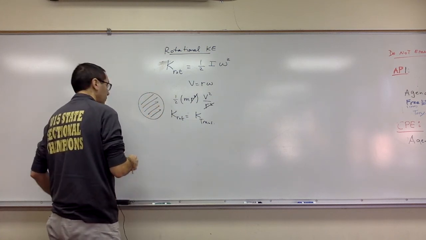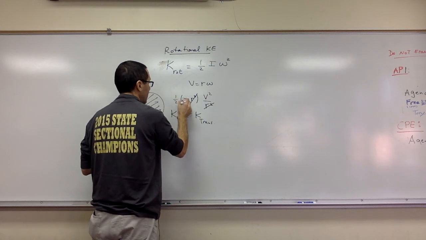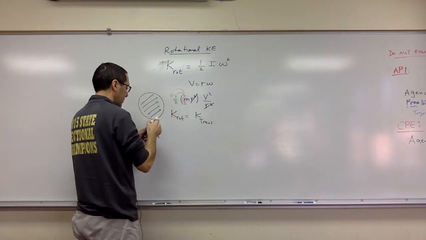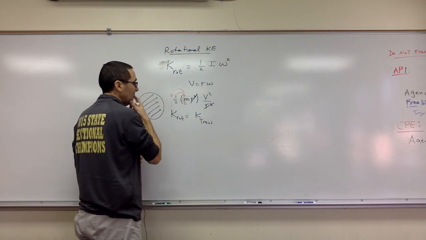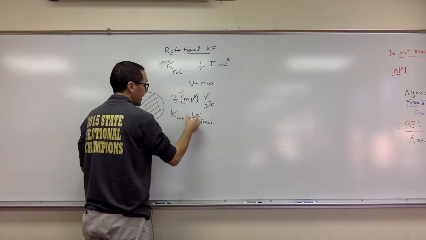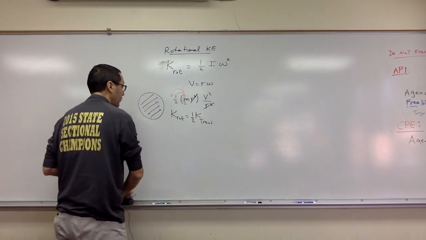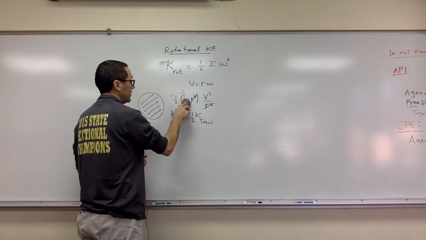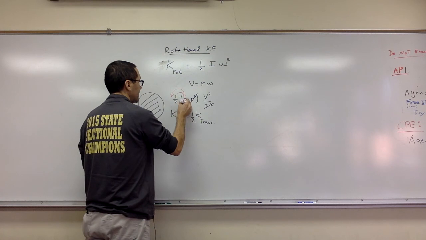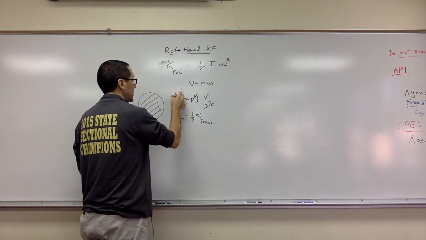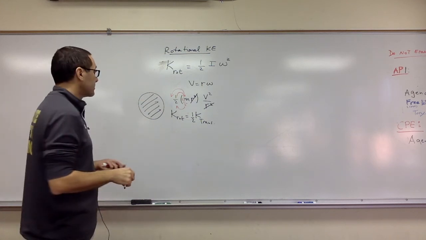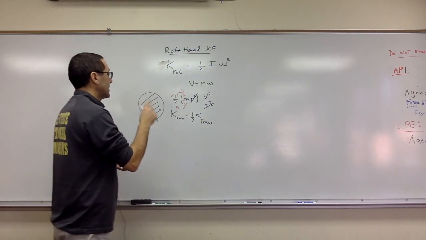Okay, so let's try for a filled-in disk. For a filled-in disk, you have a half here. If I take this half and put it here, which is the same half basically, you can see that for a disk I'm going to have a half. If I do this for a sphere, I'm going to have 2/5. So I take the 2/5 here and put the 1/2 inside to end up with 1/2 m v squared, translational kinetic energy.